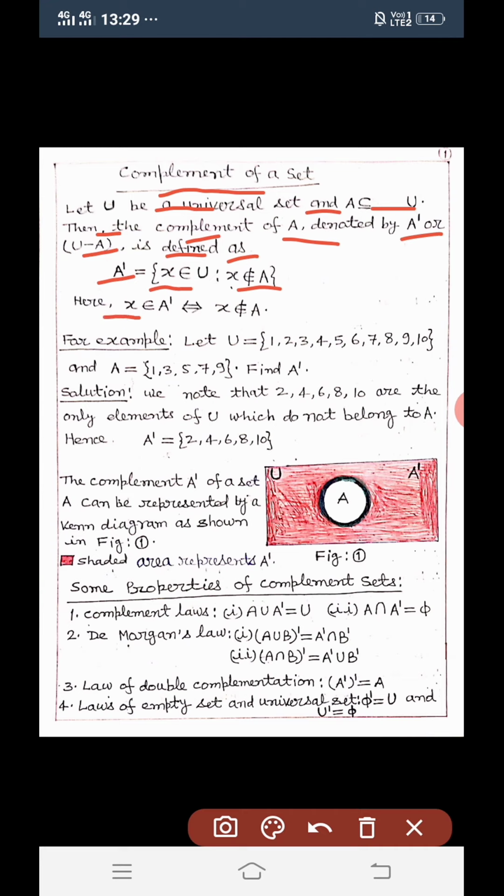Here X belongs to the complement of A if and only if X does not belong to A.